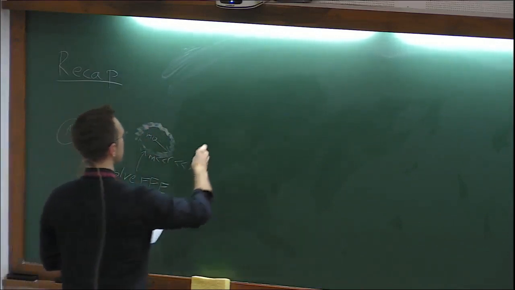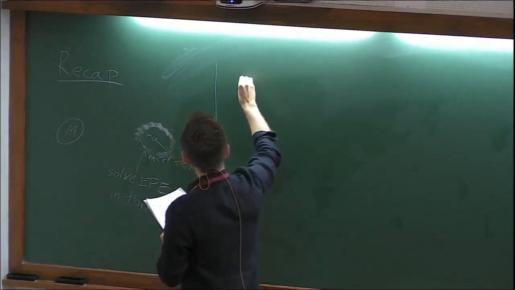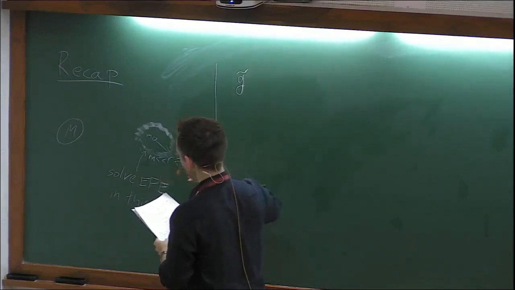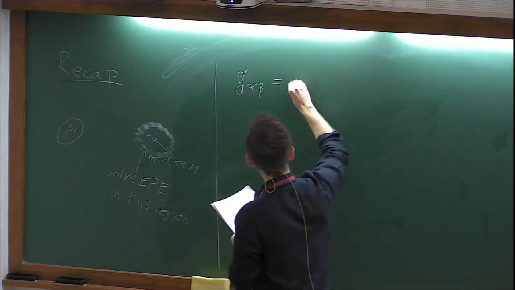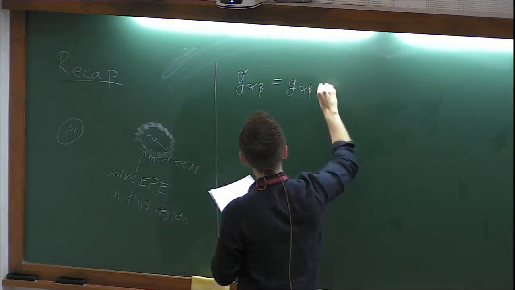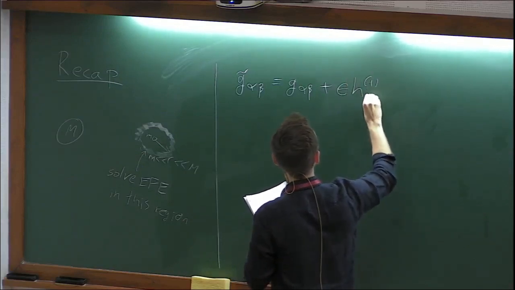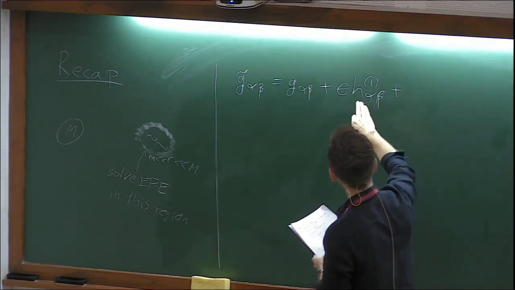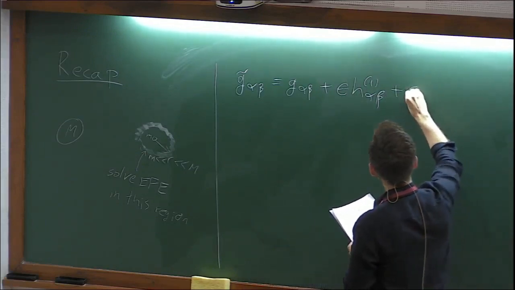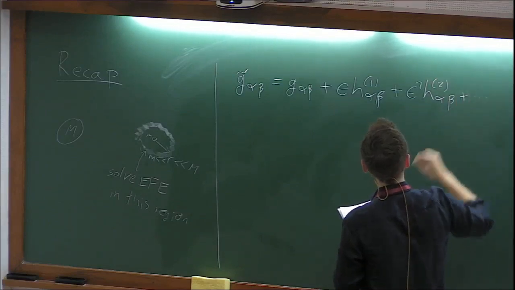Okay, and what we had found last lecture was in this buffer region, the exact metric could be written in the form of what I call the outer expansion, and then we're trying to find the local forms of H1 and H2 in the buffer region.